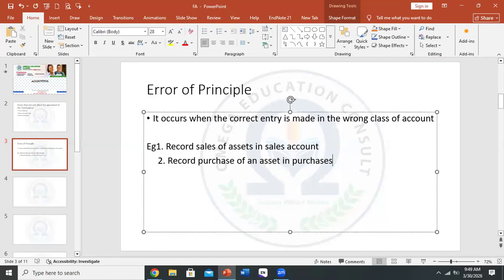You see, when you purchase an asset, you don't put it in purchase account, you put it in the asset account. So if the accountant makes the mistake and puts it in the purchase account, that should be corrected. The third one is when you record an expense in an asset account.